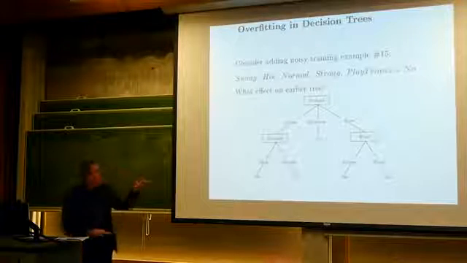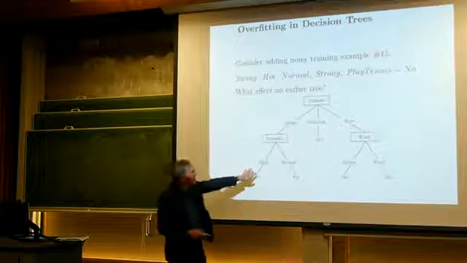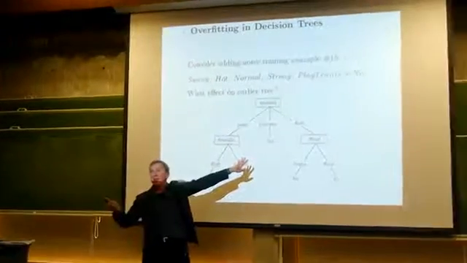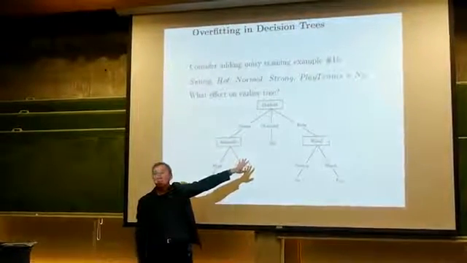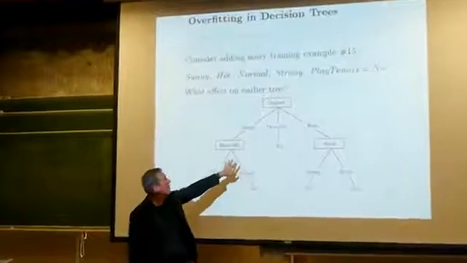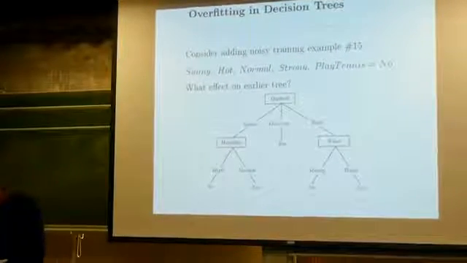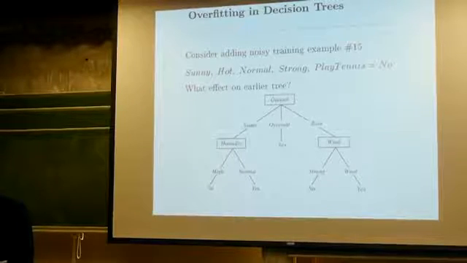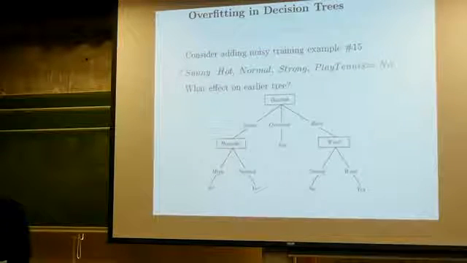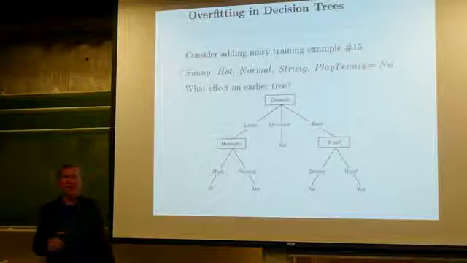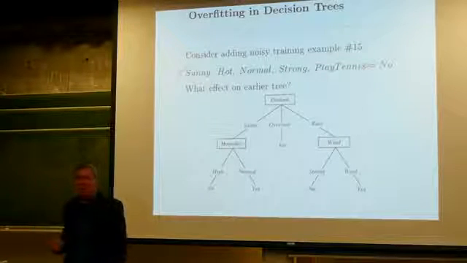For example, imagine that here's our tree that we talked about last time that fits those 14 training examples. What if I add a 15th training example, this one here, and this training example is incorrectly labeled by the trainer? There's noise in the labels.